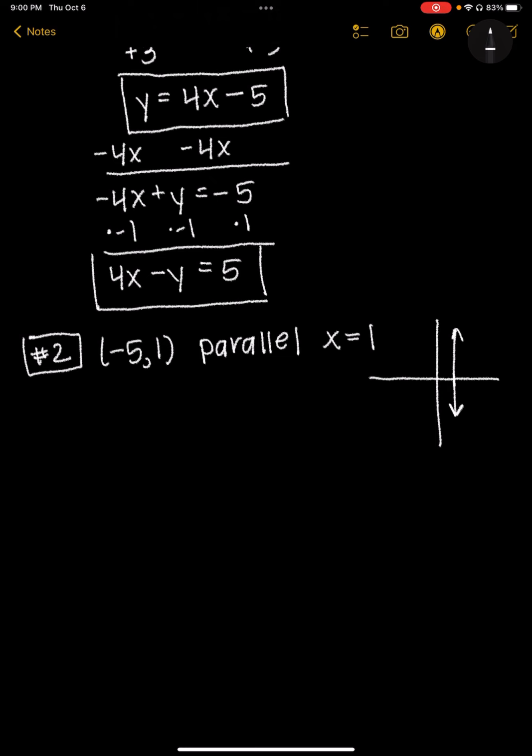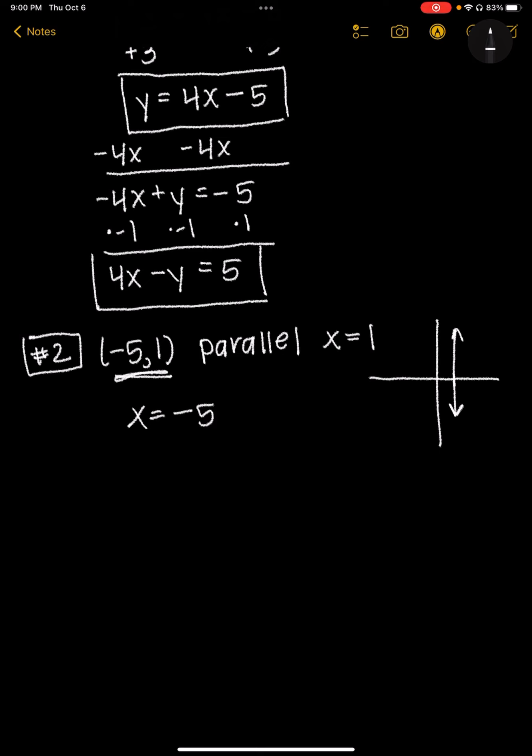When you get something like this, if we want to draw a line that's parallel, we need another vertical line. And to make another vertical line, we need it to be just another x equals equation. In this case, because we want it to go through this negative 5, 1, we're going to have it be x equals -5.